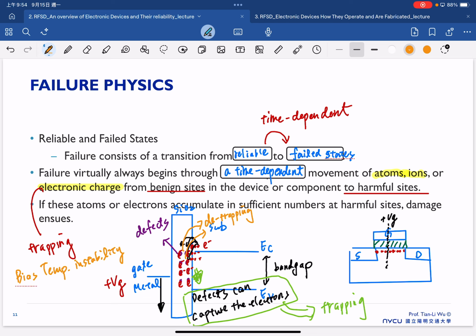Also, this trapping is mainly related to the interface. Not everything is related, but some of the reasons are related to interface trapping.